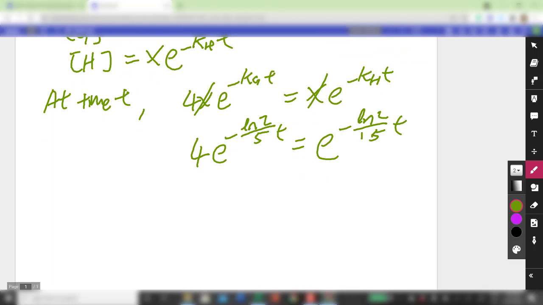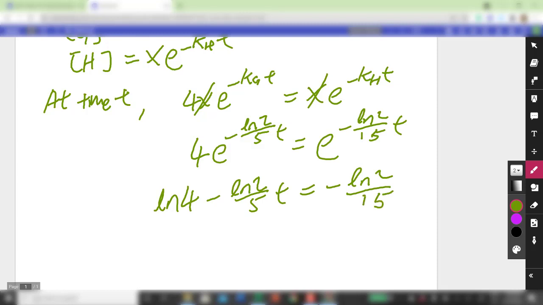Then we can take ln on both sides and I end up with ln 4 minus ln 2 over 5 t equals minus ln 2 over 15 t.